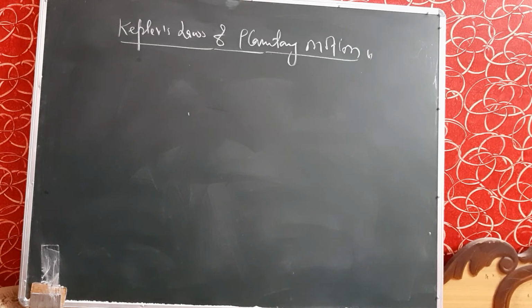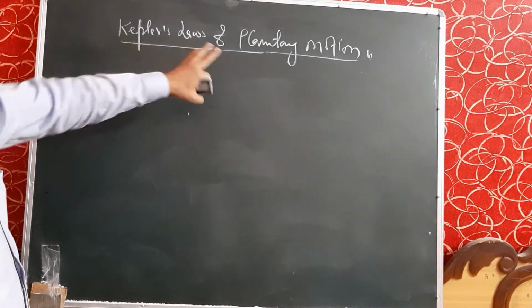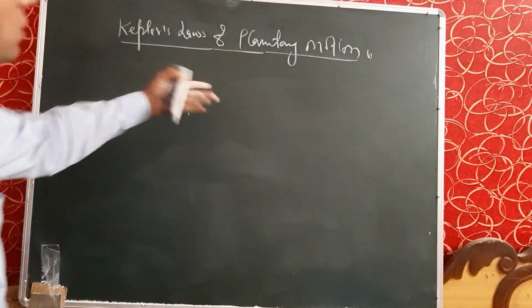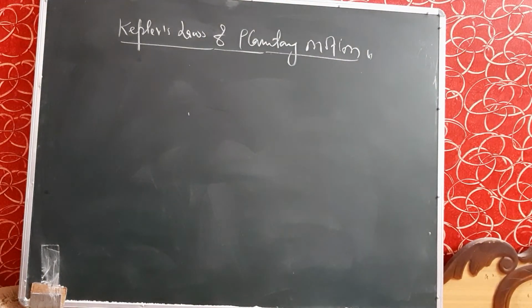Similarly, there are 3 laws for planetary motion. These laws are specially utilized to describe the motion of the planets, meaning the motion of Earth, Mars, Jupiter and other planets around the Sun. We will discuss these laws especially for Sun and Earth.